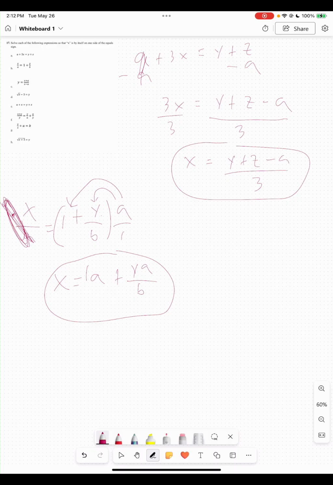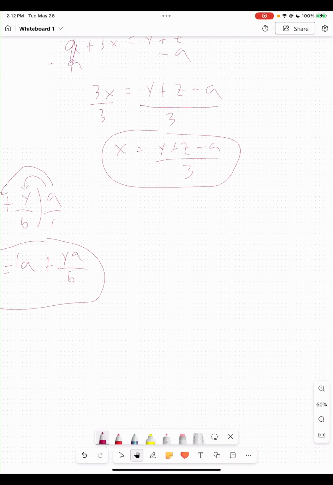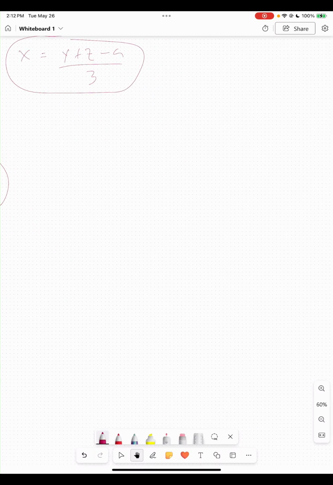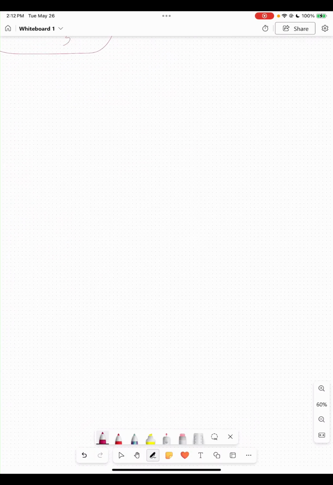All right, question C, y equals x plus a over x minus a. Okay, so we have a couple of options for how we're going to do this one. I'm going to just go ahead and do this the simplest way, I think, which is to get my x's onto the same side of the equal sign and reevaluate.